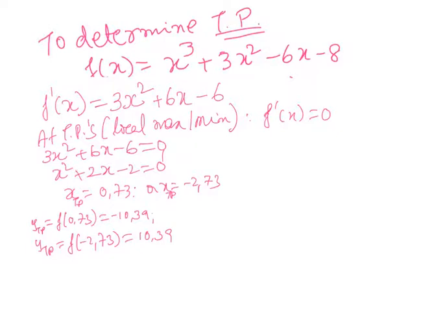So I found the turning points here: (0.73, -10.39) and (-2.73, 10.39). You have to do it on your own calculator and see whether these values match. Now we have to draw the graph. So first we look at the intercepts that we have.